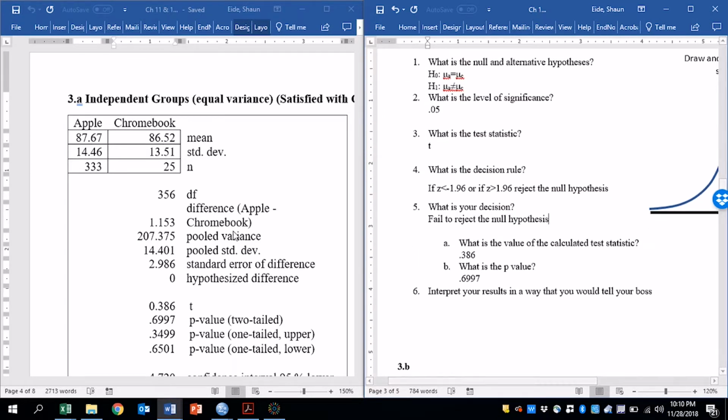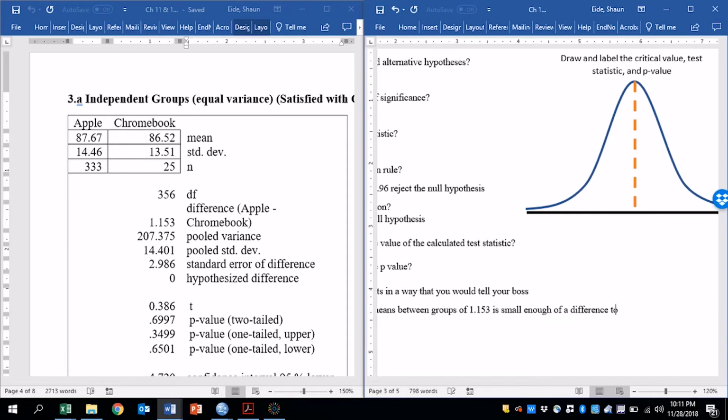Our results are: the difference in means between groups of 1.153 is small enough of a difference to have occurred by chance.